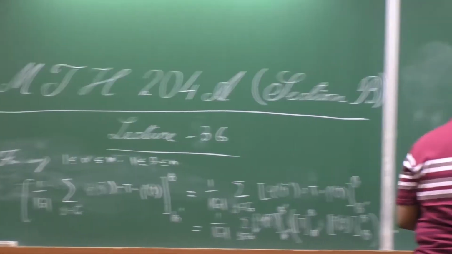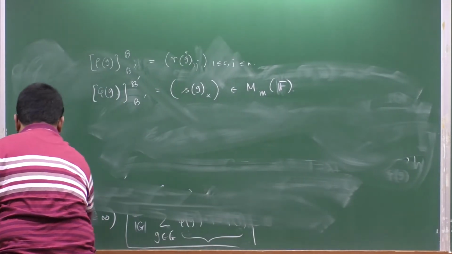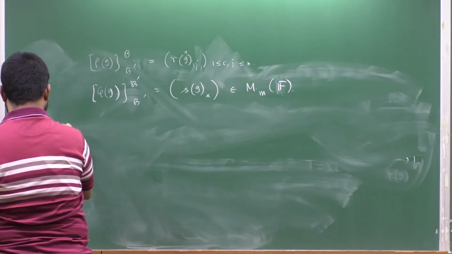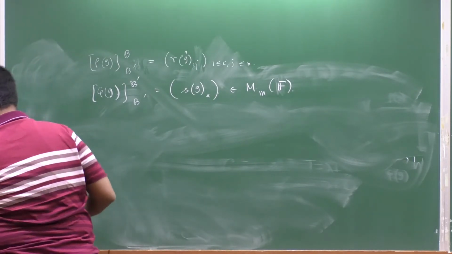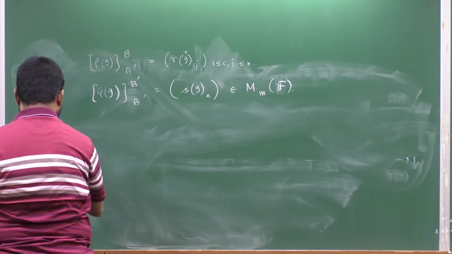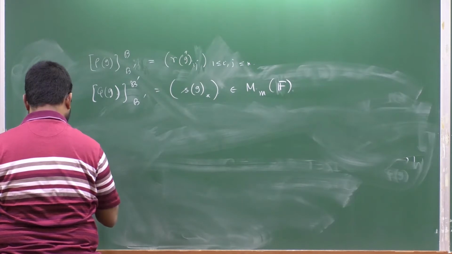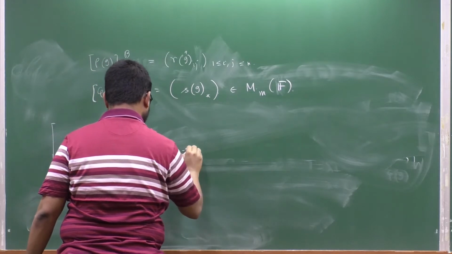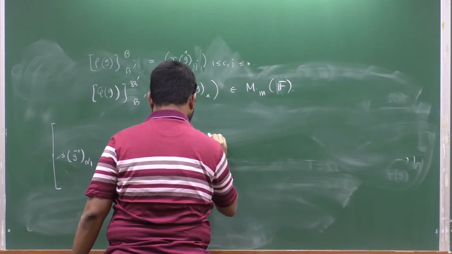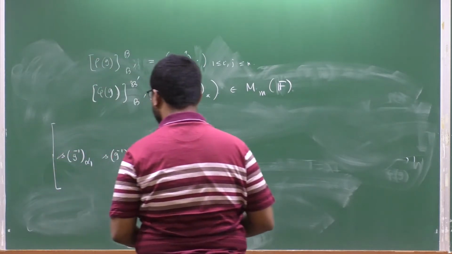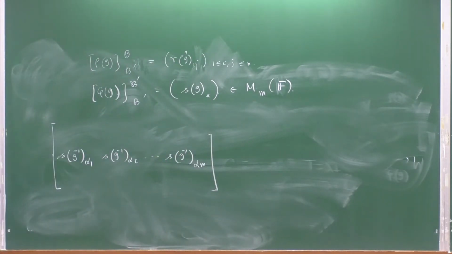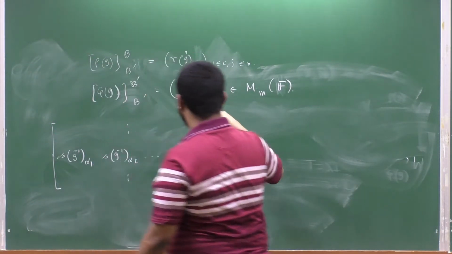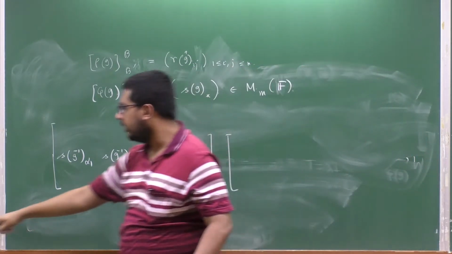So keeping that in mind, we will explicitly make the computation. Let us say for a typical g, the alpha-th row here, according to our notation, is g inverse alpha 1, g inverse alpha 2, up to alpha m. It is an m by m matrix. Now we have to get the beta-th column of this product.